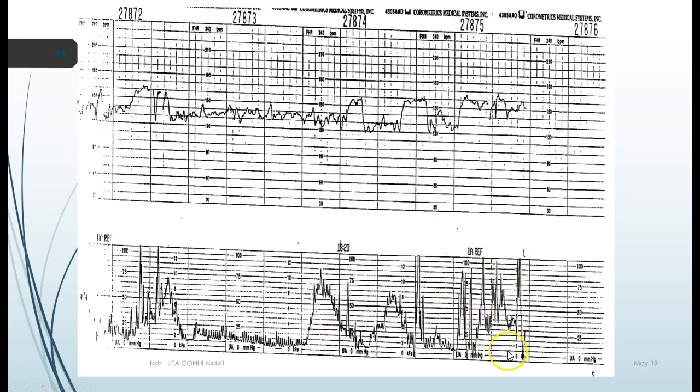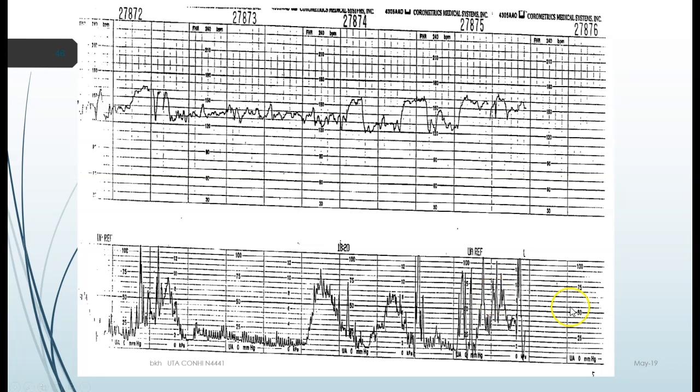That's what these big spikes over here are, because contractions don't spike like that. They're usually nice and rounded, more like this one. This squaring off and those big spikes typically mean she's pushing and tightening her belly so that it's causing pressure up against that little button on the tocodynamometer.